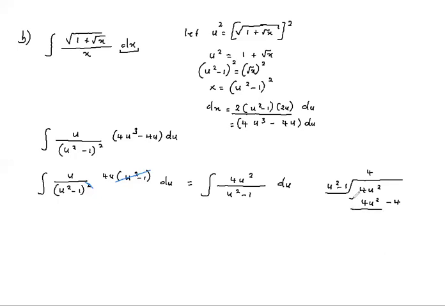Then we subtract, and we have positive 4. So our integral now has changed to 4 plus 4 over u squared minus 1, which is the same as u minus 1 and u plus 1, everything du.